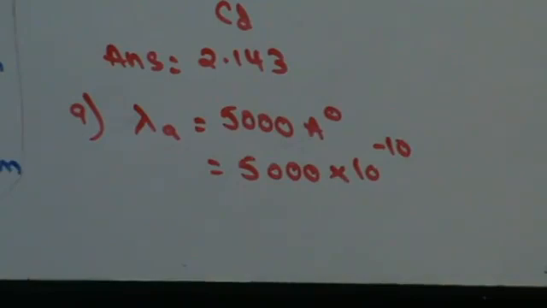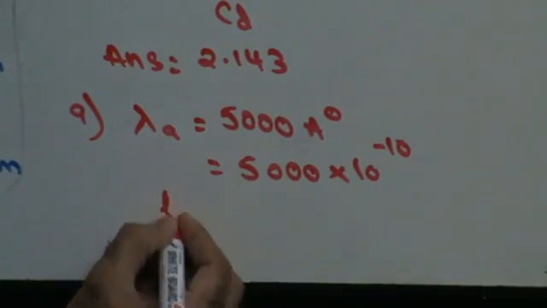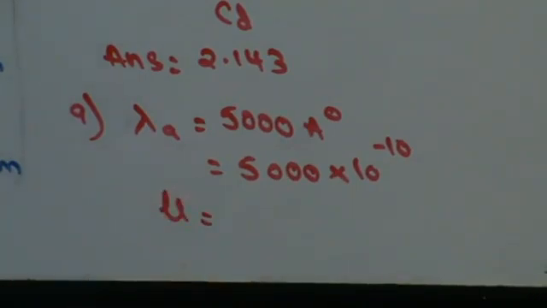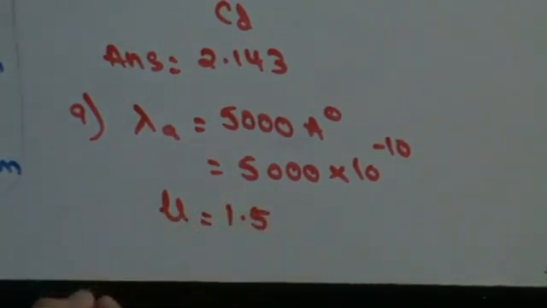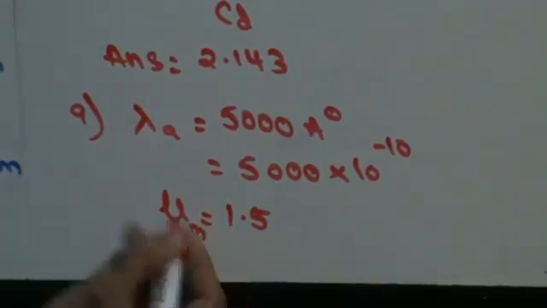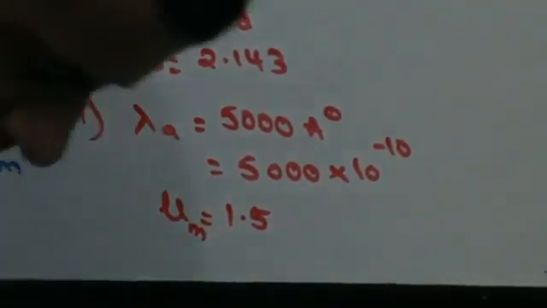What will be the wave number if the refractive index is 1.5? If the refractive index is 1.5, fine.